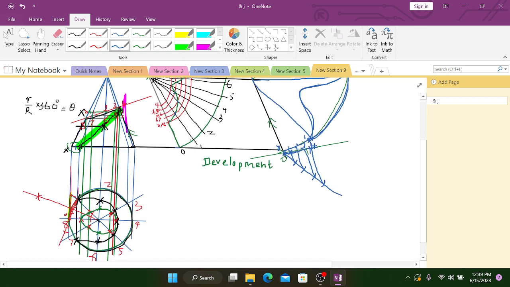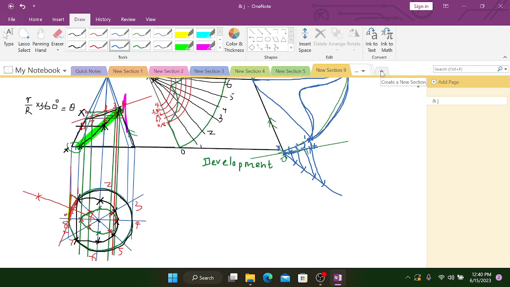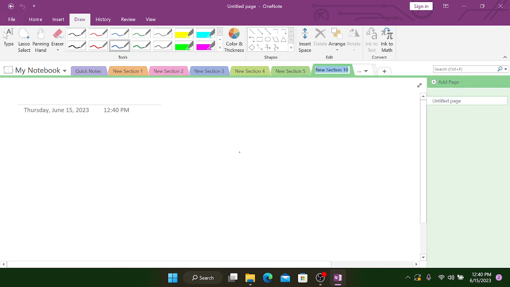So that is what I want to tell about the development of cone. Then we will move to the next portion, that is the square prism.